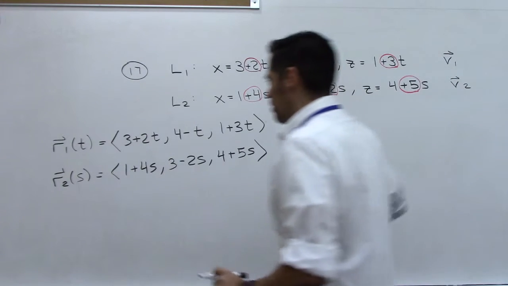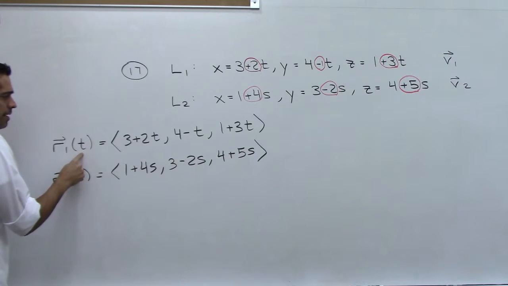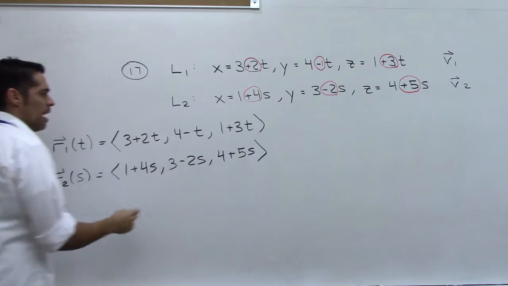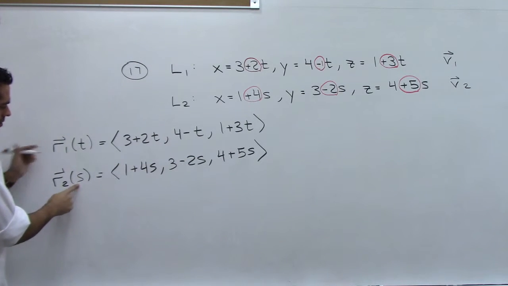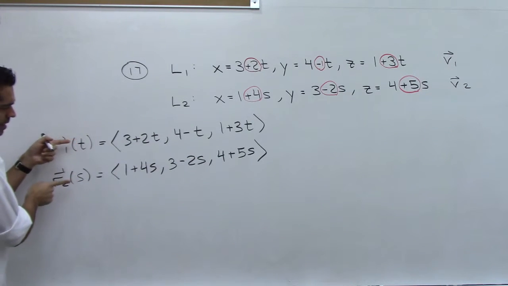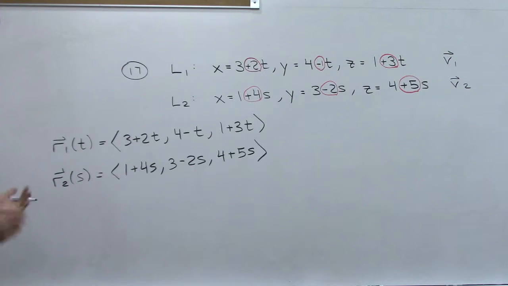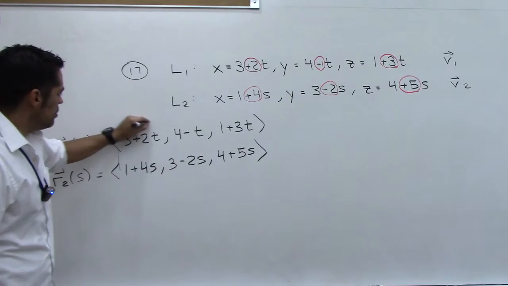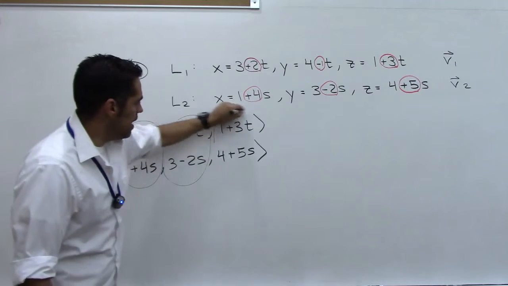So that question I was just asking is saying this: is there some value of t that when I plug it in here, I can get it to match with this vector for some value of s? So I'm trying to find a t and an s that I plug into both of these and I get these things to match. Well, let's think about what that means. I'm going to need these to match, these to match, and these to match.